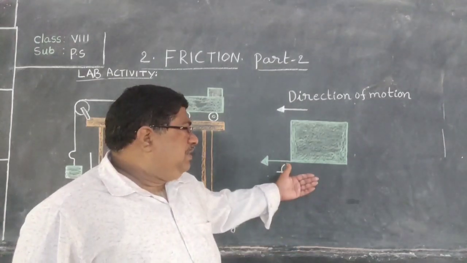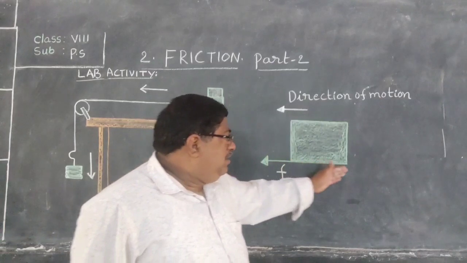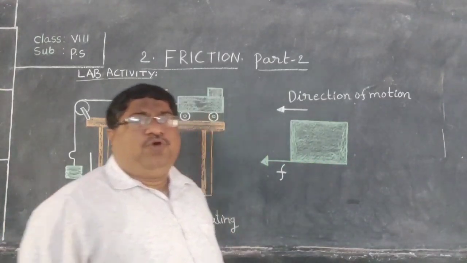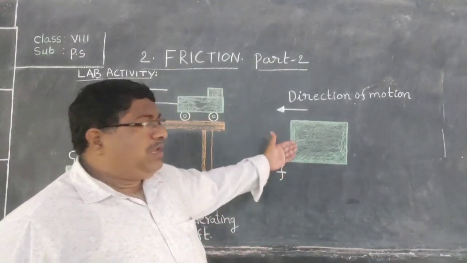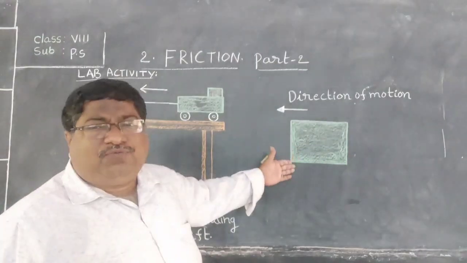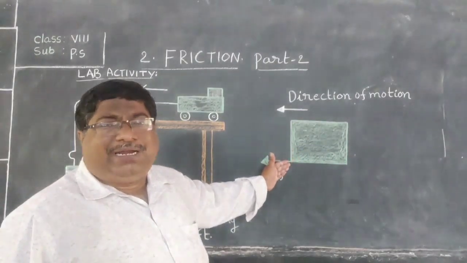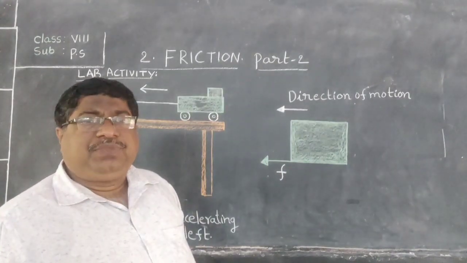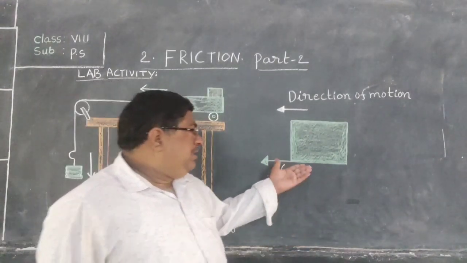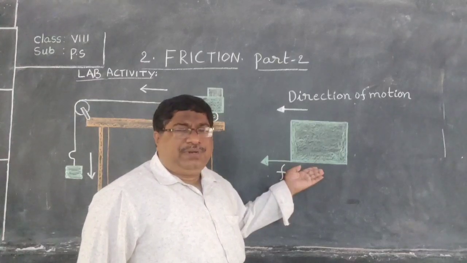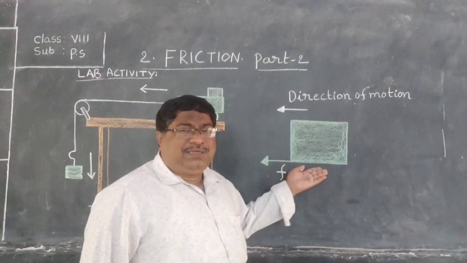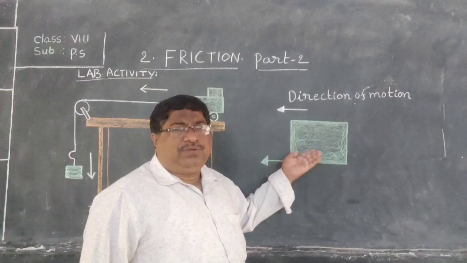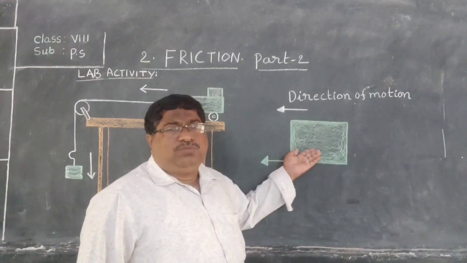Now, downward is the floor. The block is on the floor, or the book is on the floor. Consider it as the book. Now this floor exerts some force on the book.